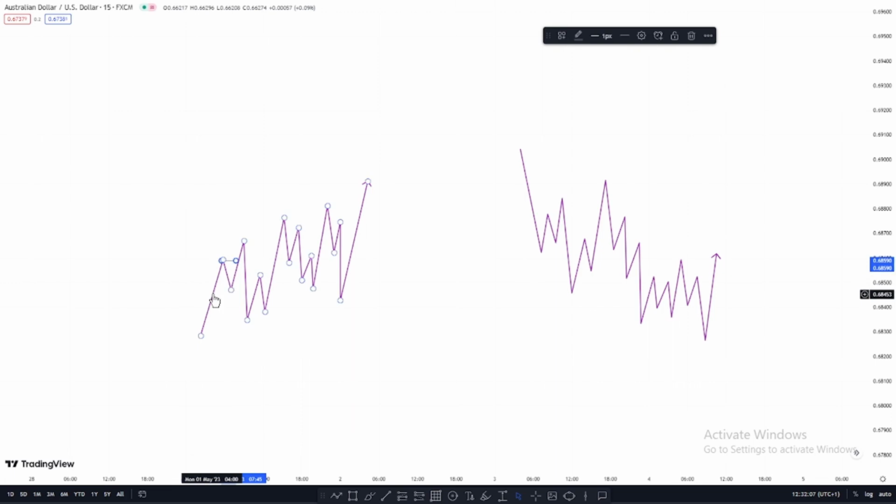Why do they believe that? It is because price has gone back up, taken out this retail high and closed above it, and therefore they regard this as a break of structure.